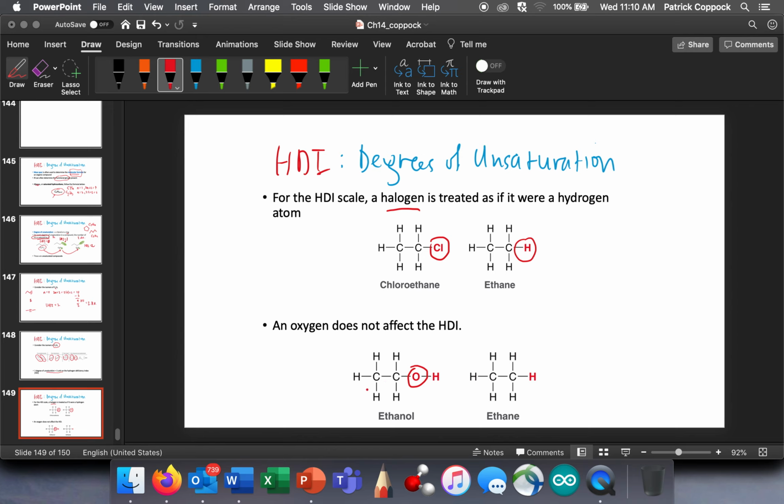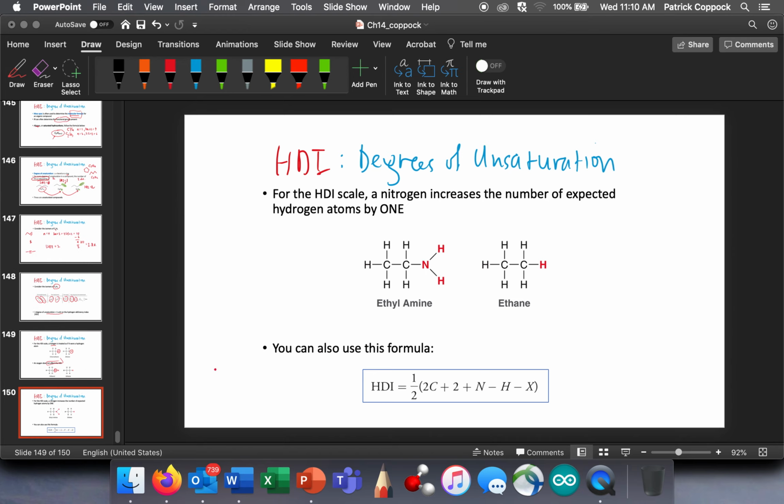For ethanol, you have 6 hydrogens, and for ethane, you have 6 hydrogens. So if you have an oxygen, it doesn't affect your HDI. If you have halogens, it does affect HDI. You just add one as if it were a hydrogen. Watch this. Nitrogen is interesting. Nitrogen actually takes up 2. So ethane has 6 hydrogens here, but here it has 7.